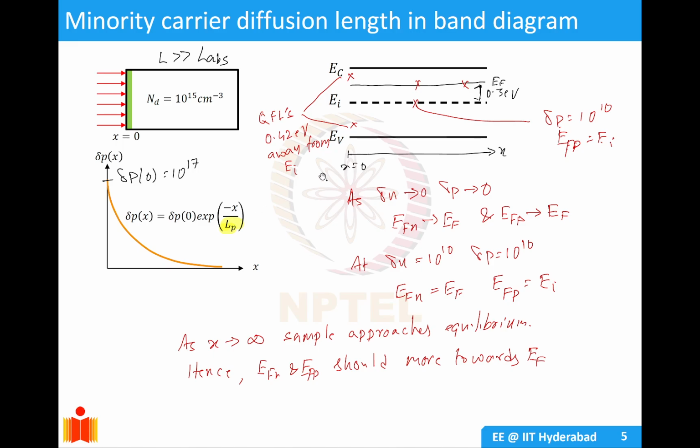So as delta n approaches 0, delta p will also approach 0. Again, this is due to recombination. So both delta n and delta p will reduce at the same rate. So EFN will approach EF and EFP will also approach EF.